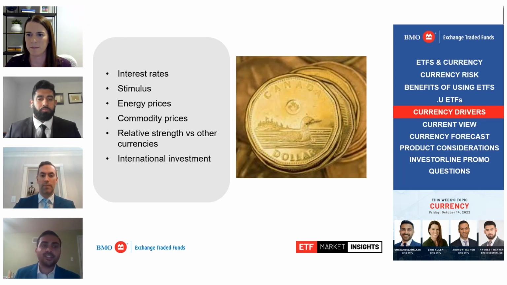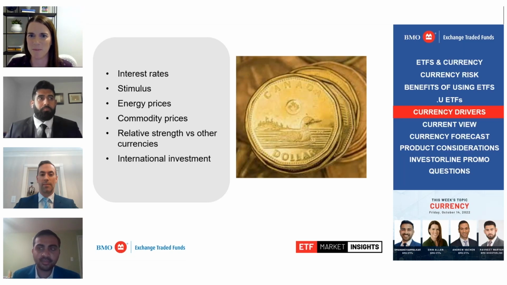As the demand for something increases, the price tends to increase. So those are the main four factors that impact any currency. Of course, we can get into the nuances about which factor impacts which currency more. But these are four major factors that impact the majority of the currencies.